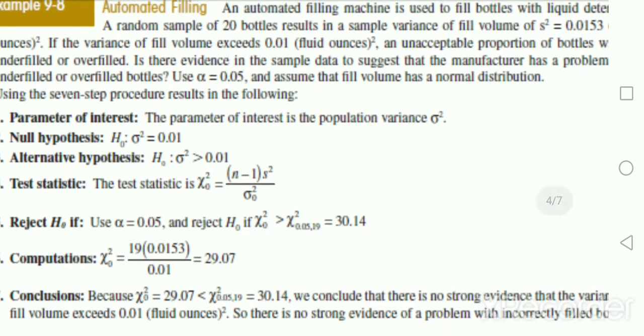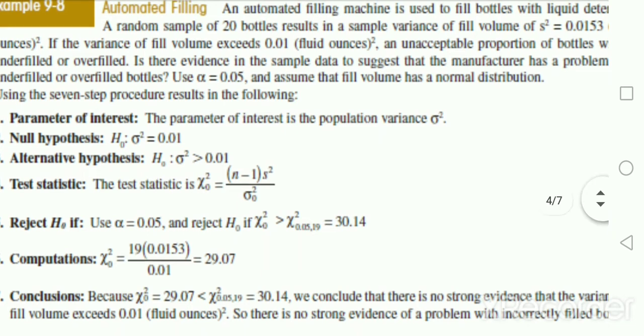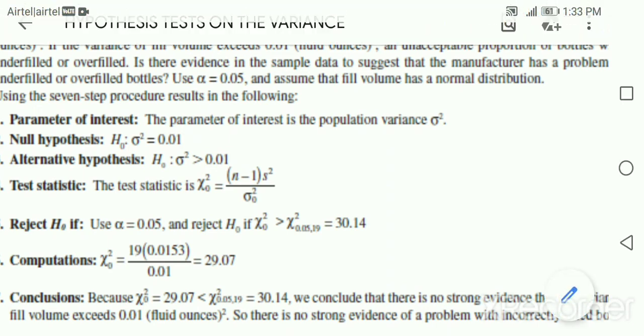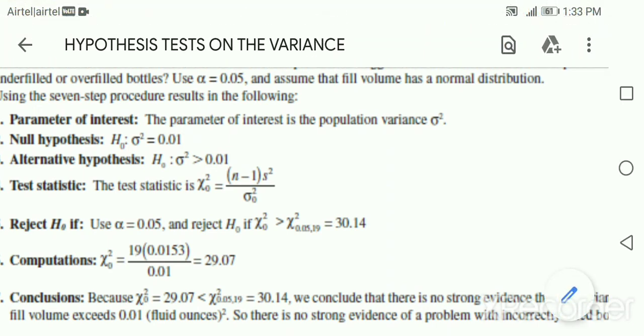So the rejection criterion for this problem is chi-squared naught greater than chi-squared alpha comma n minus 1. Alpha is 0.05 and n is 20, so n minus 1 is 19, and from the chi-square table we can verify that value.